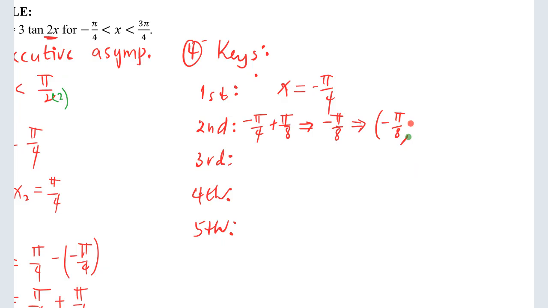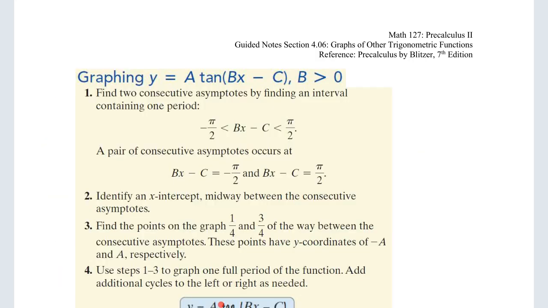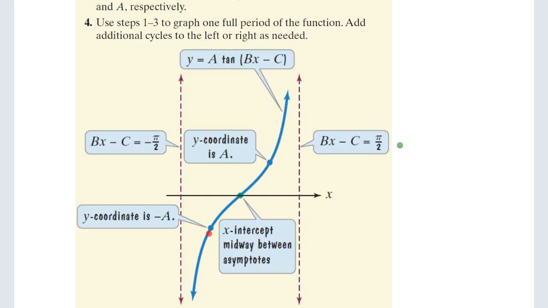And then the y value here. Remember, in this case, since we do not have what we call the amplitude, if I go back to the graph, that first point within those two consecutive asymptotes would be this point right here. So where do we start? It would be below the midline.